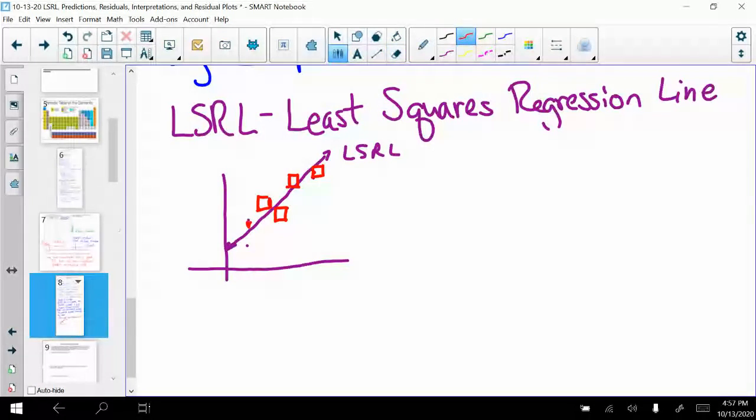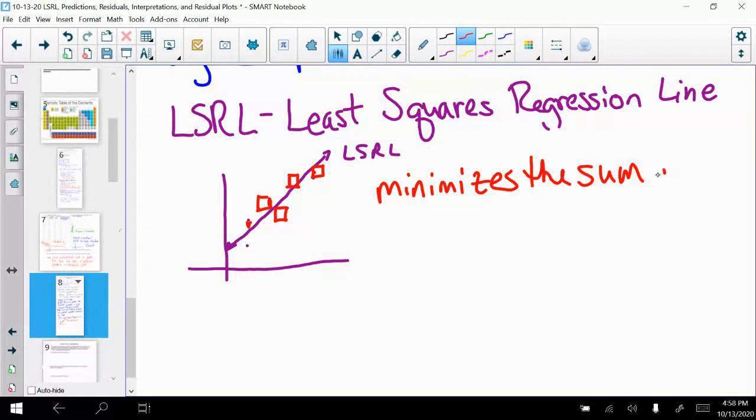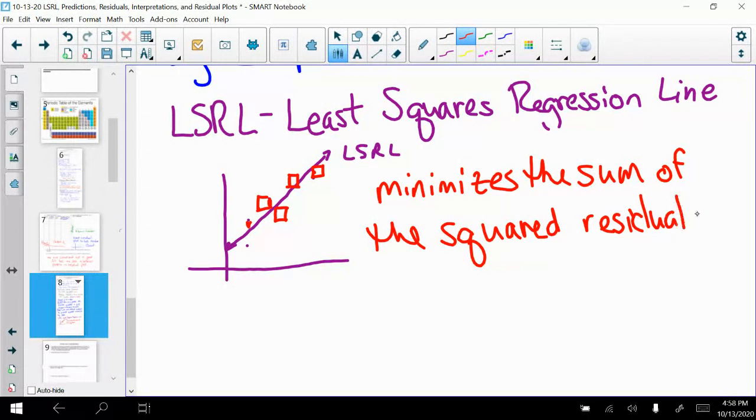So it's just a particular line of best fit that minimizes the sum of the squared residuals. And that's a big mouthful. It's not something that you are ever going to have to actually calculate, but it's something that we should understand, that it's making those squared residuals the smallest overall.